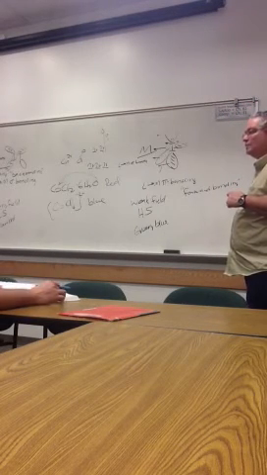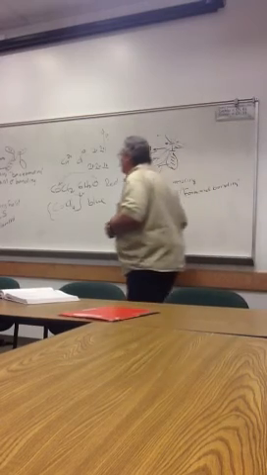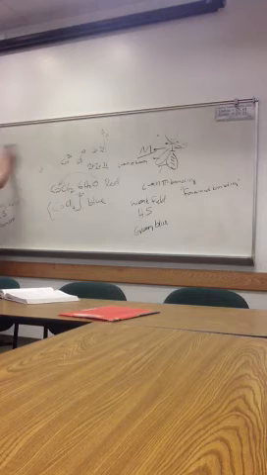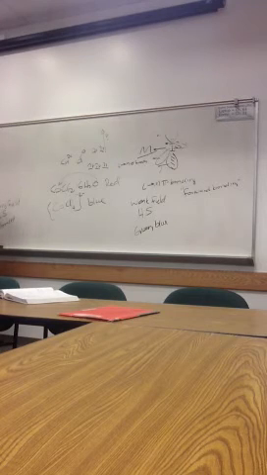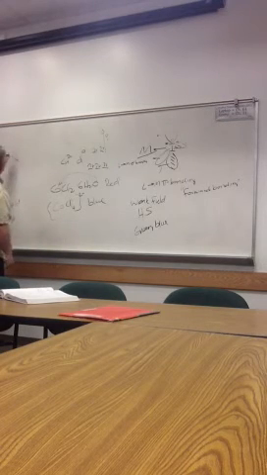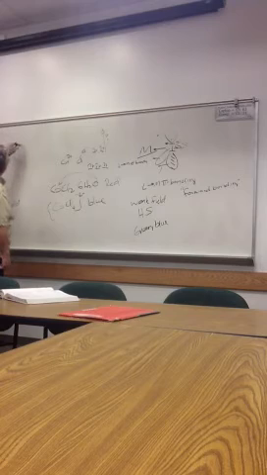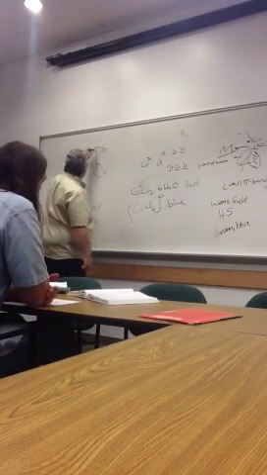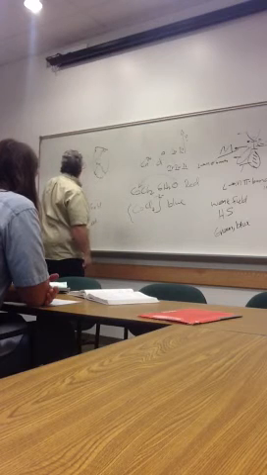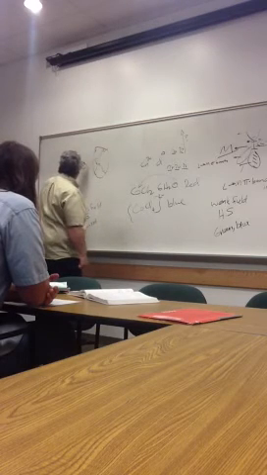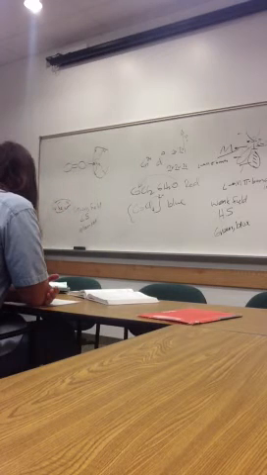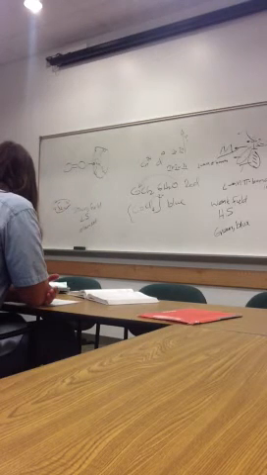Our bonding has changed. So here's my iron, surrounded by nitrogens in the porphyrin ring, and oxygen comes along with its double bond, and it's got a pair of electrons doing the ligand to metal sigma bond.